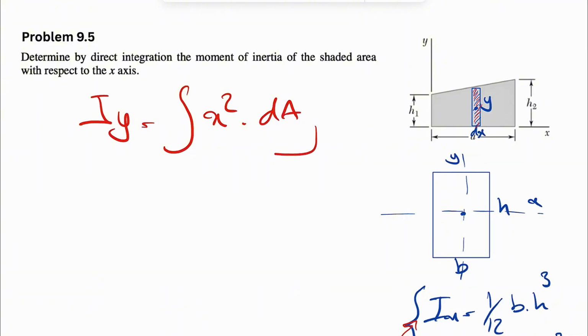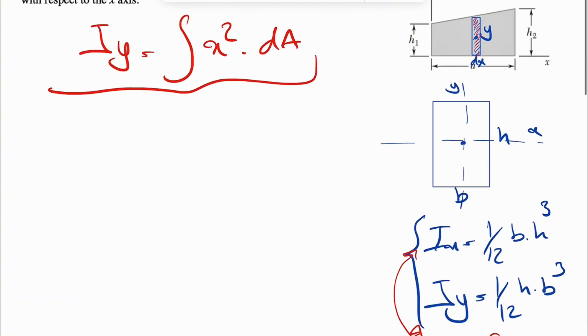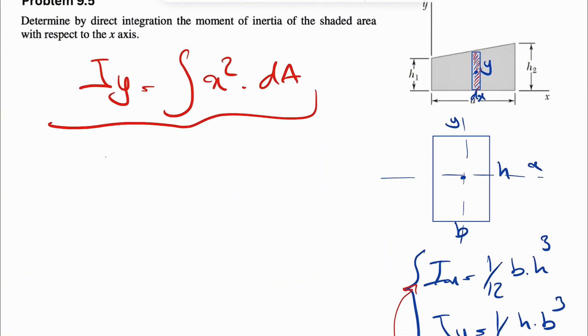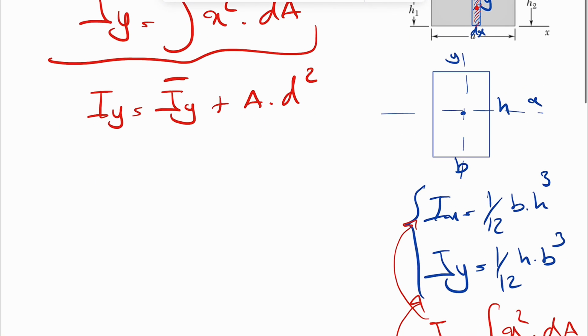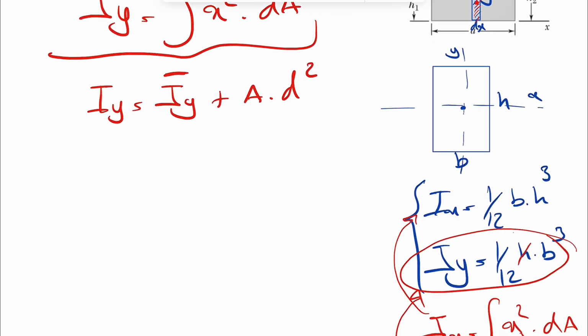And if we want to explain where this is coming from, basically it comes from the parallel axis theorem. So our Iy is equal to the moment of inertia of the centroid plus A times d squared, where d is the distance. For Iy, because of the centroid about the y-axis, we have this equation where our h in here would be y, and our b is basically dx to the power of 3.